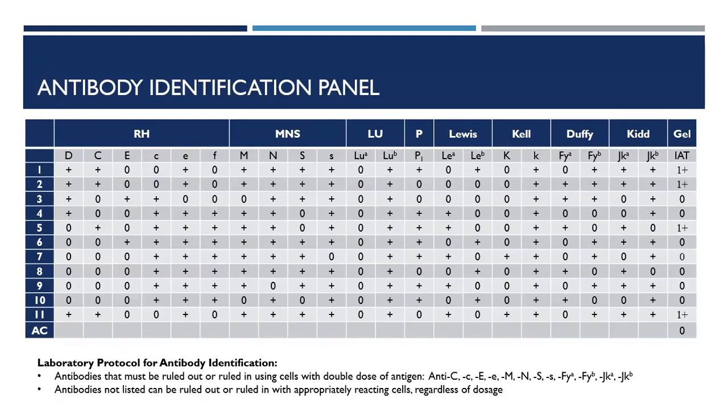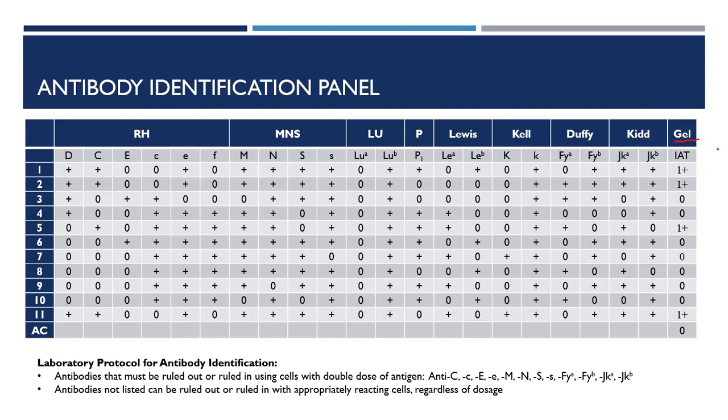All right, so our panel results are up at this point, and we can see that again, our panel is done in the gel methodology. So that means that we have one phase of reading that's done at AHG phase. So again, that tells us that the antibody specificity that we're working with is an IgG specificity.